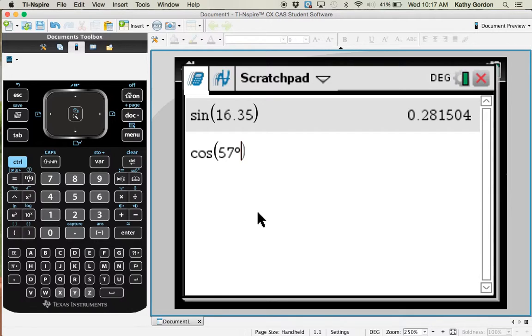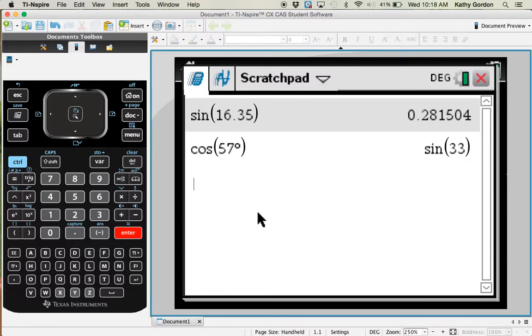So that's another thing you can do if you're either not sure, or you know you're in radians, but you don't want to change it all out because most of your problems are in radians right now. Nope. Just use your actual degree sign.